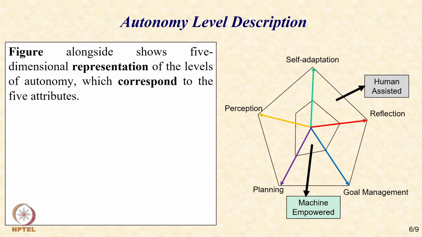So, you will find that you can choose which particular aspect of a particular functionality is to be given a particular empowerment through a machine at a specific level.